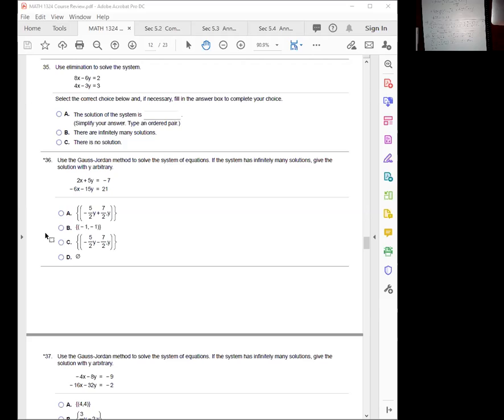Seven halves, right? So this is really -7 halves minus 2.5, which is 5 halves y. So -5 halves y minus 7 halves.